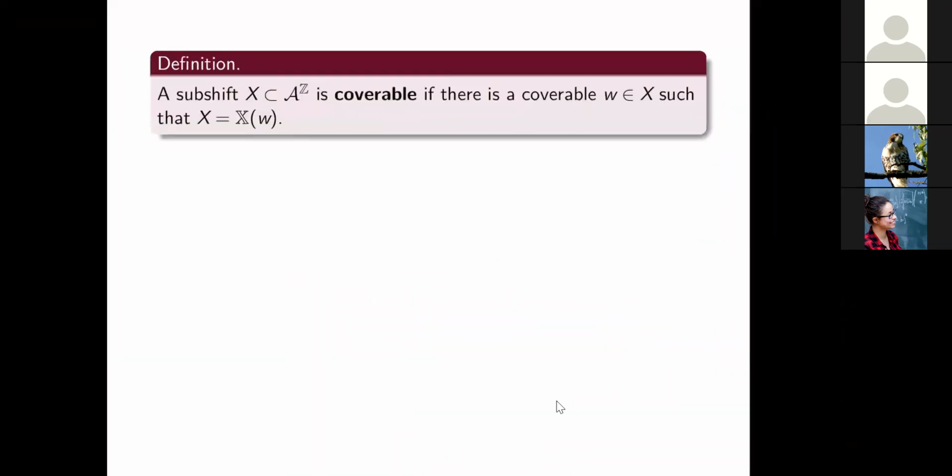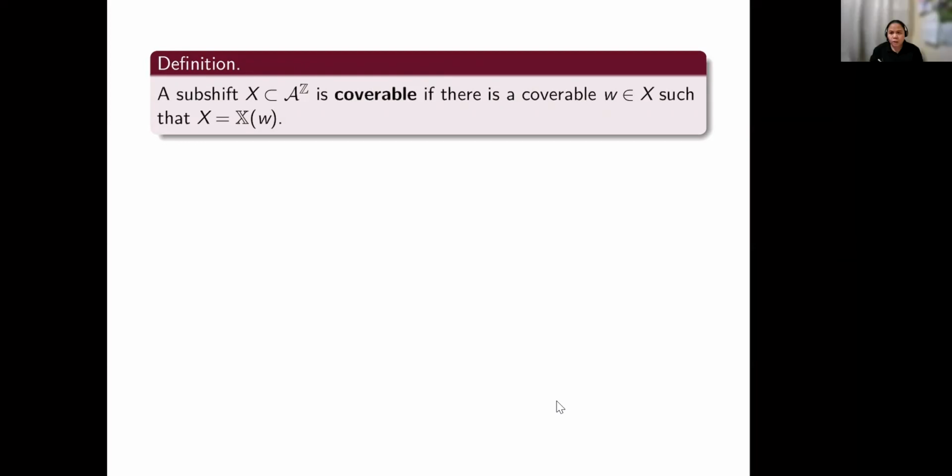Okay, so because of the previous result, this led us to define what we mean by a coverable bi-infinite subshift. A bi-infinite subshift is said to be coverable if there is a coverable bi-infinite word X that generates the subshift. So a finite word U is said to be a cover of the subshift if it covers all of the elements in the subshift.